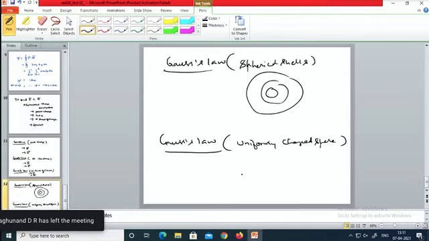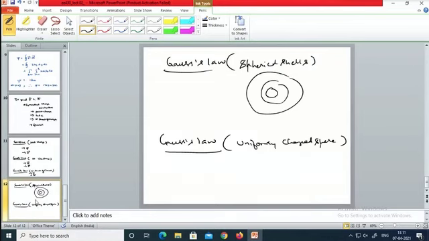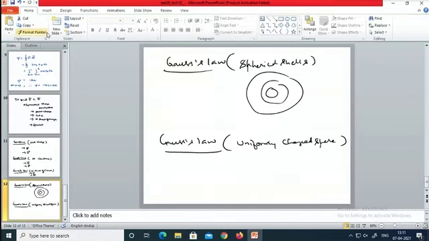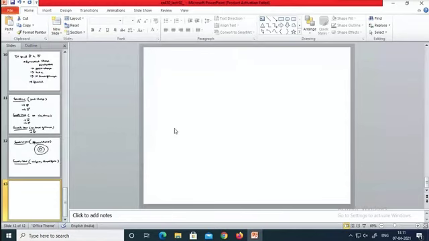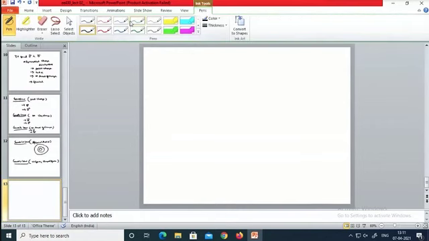So firstly, we shall discuss the point charge. First, we shall come back to the point charge, verification of Gauss law for point charge.